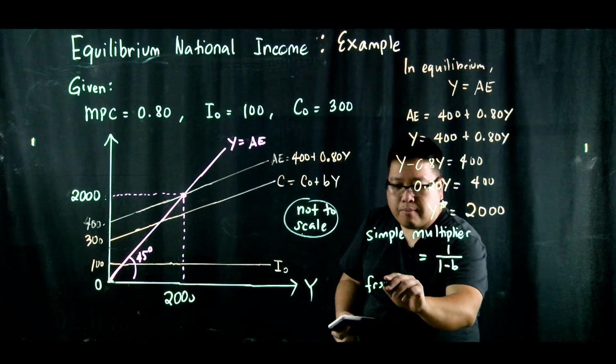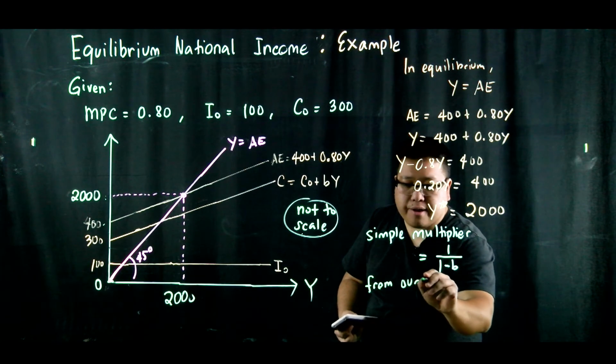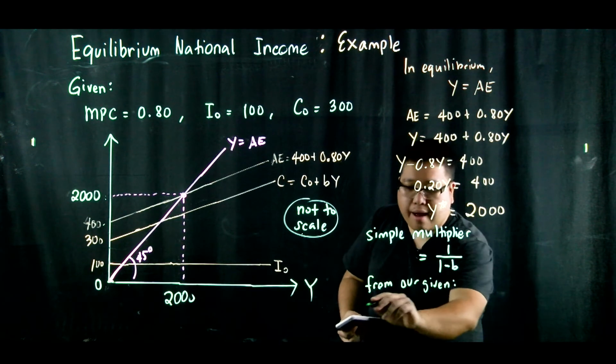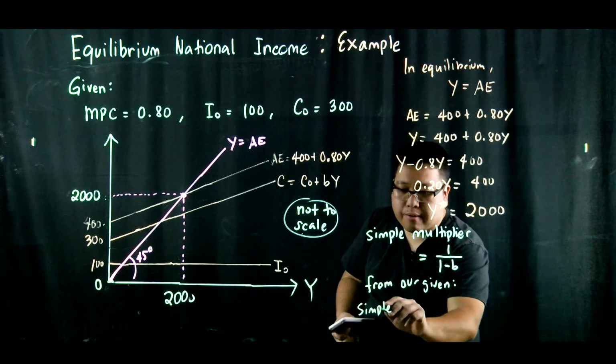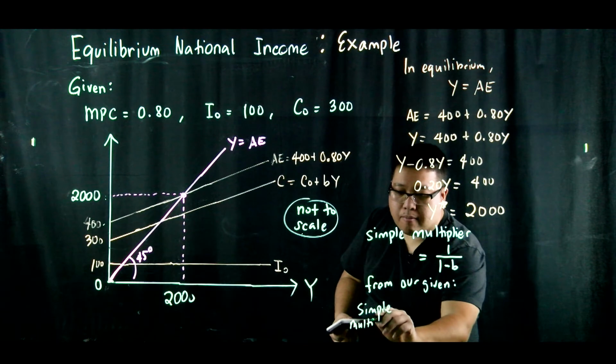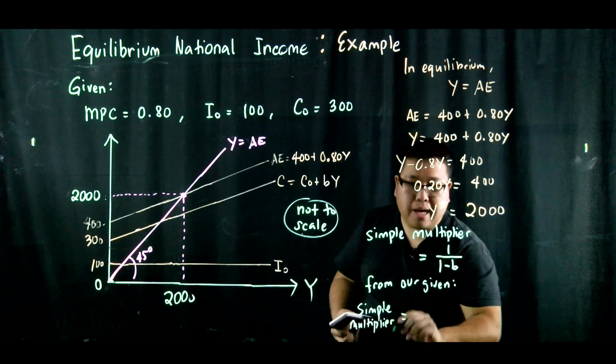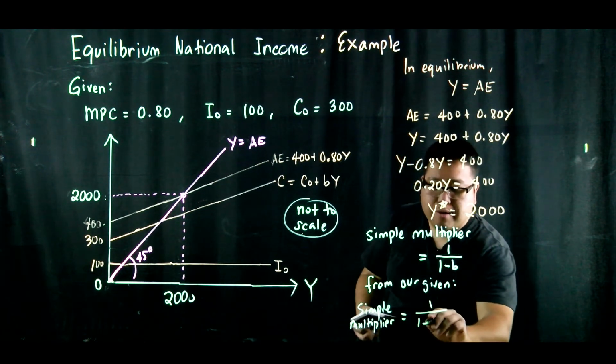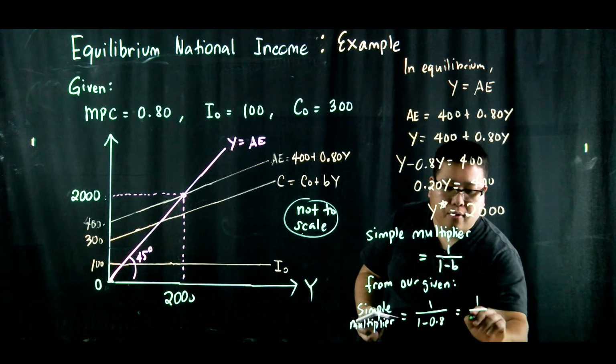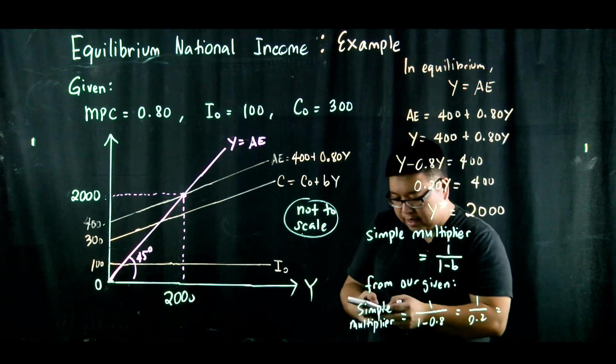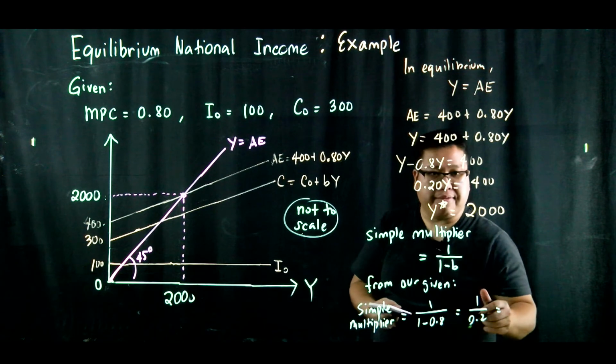So from our given, we have, okay, so call this simple multiplier would be 1 over 1 minus 0.8, 1 over 0.2, and that is equal to 5.